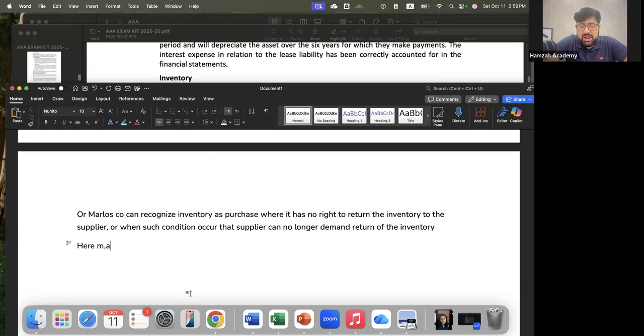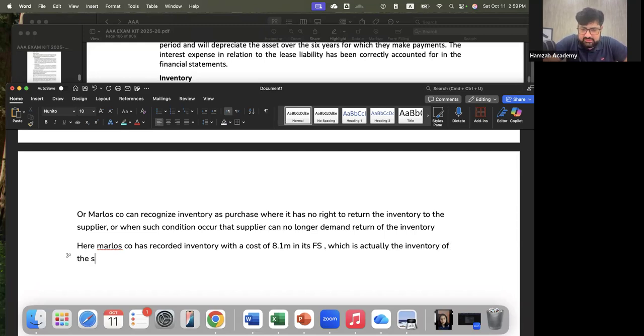Here, Marlos company has recorded inventory with a cost of 8.1 million in its financial statements, which is actually the inventory of the supplier and should not be recorded.